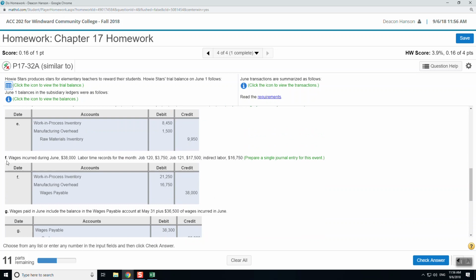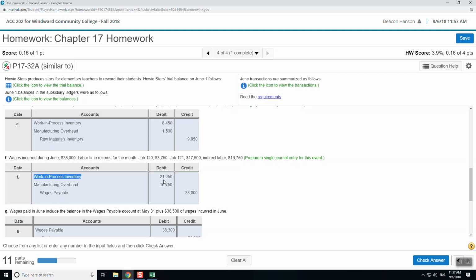And it's here, F. Remember we had labor cost of $3,750 to job 120 and $17,500 to job 121. Right here, if that highlight comes out okay. So I'll take 60% of that total. And it's actually totaled for me here on this line.